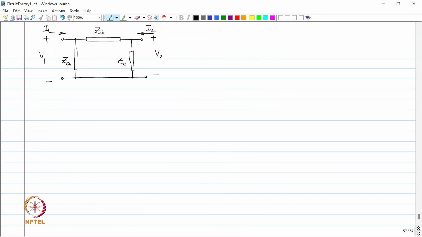This one looks like the Greek capital pi. If you ignore this wire over here, then it looks like the capital pi in Greek. Okay. So, it is called the pi network. Right. Some people also like drawing it like this.